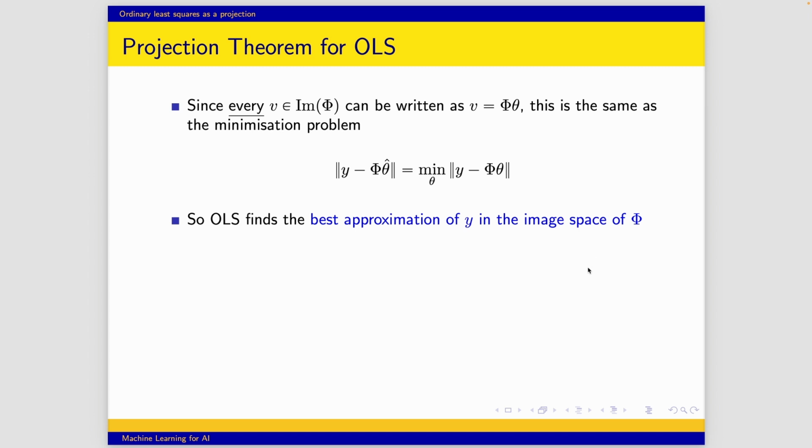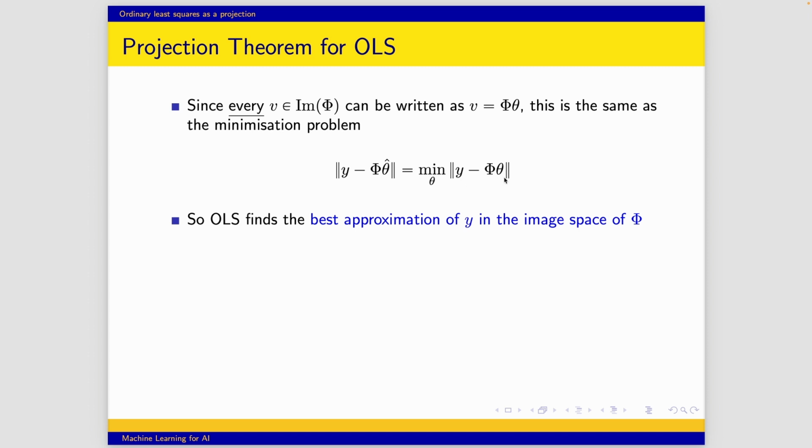We only look inside there. We don't consider any other element of Rn, only those vectors that lie in the image space of this. And ordinary least squares finds the best approximation of Y by a vector in this image space. And that best is defined by this 2 norm.